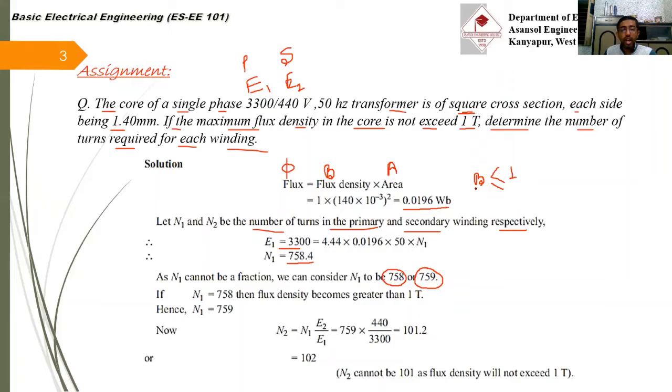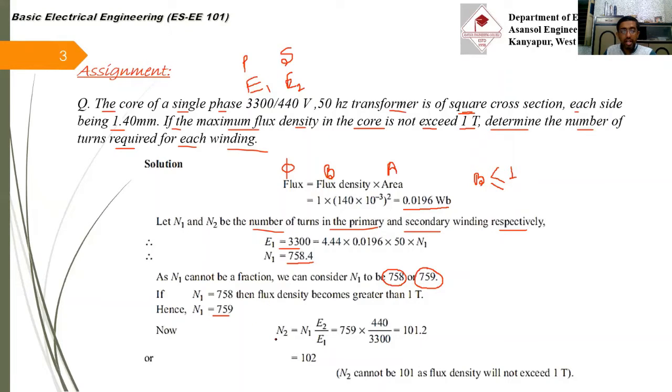So according to the question, the N1 value will be 759. Okay, because if the N1 value is 759, then the flux density will be less than 1, right?